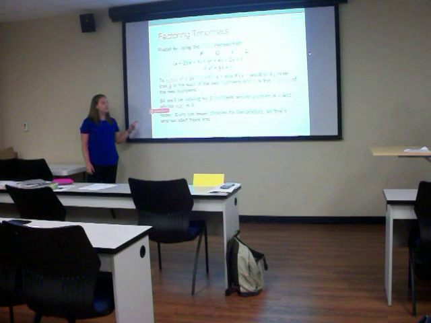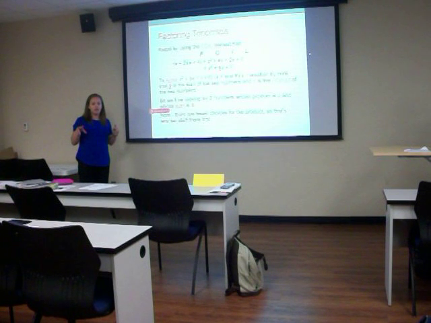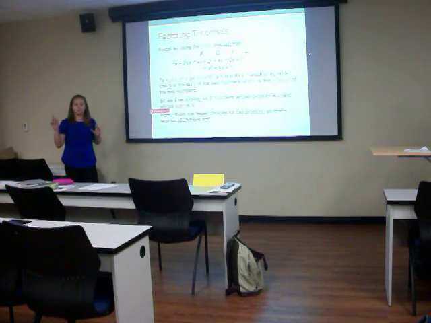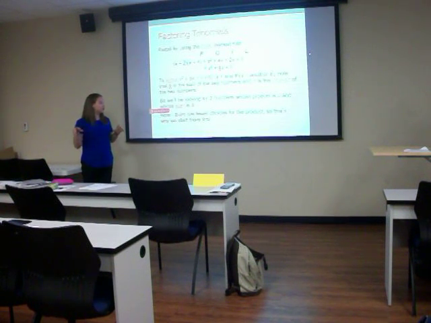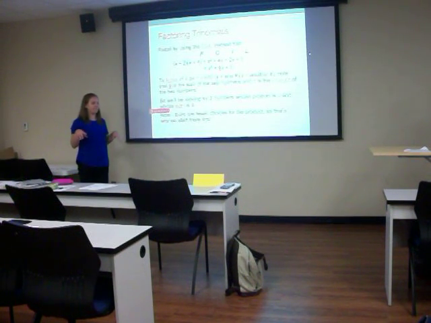That b is the sum of the two numbers in the parentheses, and c is the product of the two numbers. So in the end, we'll be looking for two numbers. It'll be x plus or minus a number in one parentheses, and x plus or minus a number in the next parentheses. We're going to start with the product, because that will give us fewer numbers to choose from than if we started with the sum.